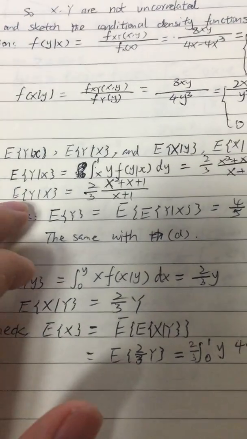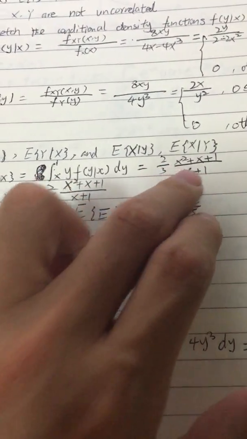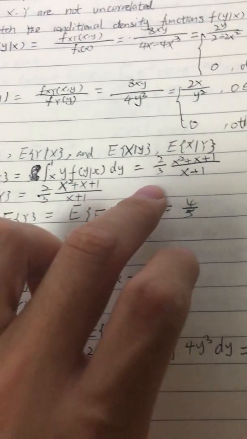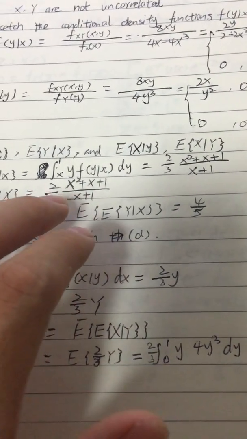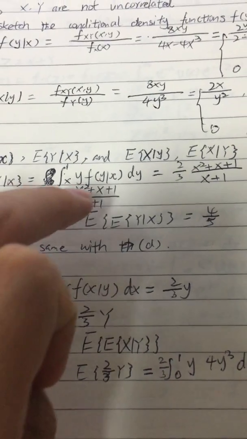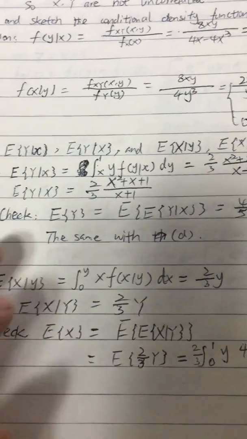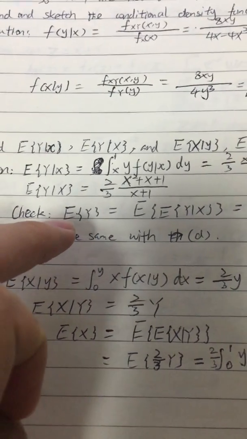Because this is small x, the big X is just a rewriting of this function in big X. And we can check if it's right or not.